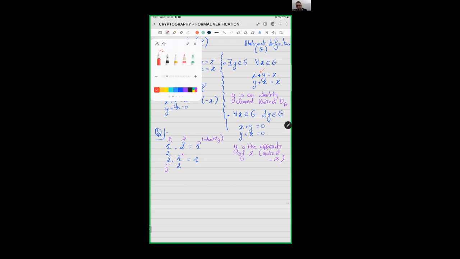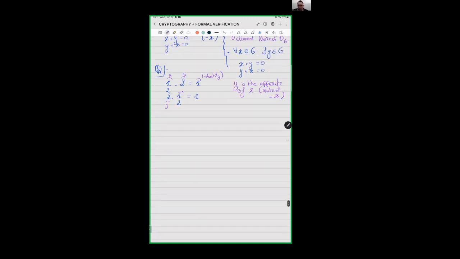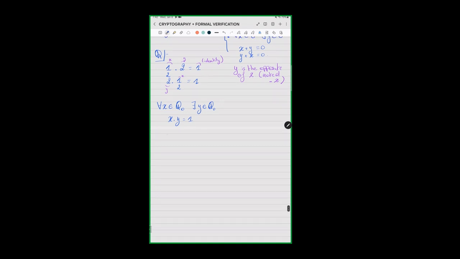So if we just remove 0: if we take all elements x in the rationals except 0, we're going to use this notation with subscript 0, we can find a certain value y, which is also not equal to 0, such that x times y equals 1. And also the same thing, y times x equals 1.